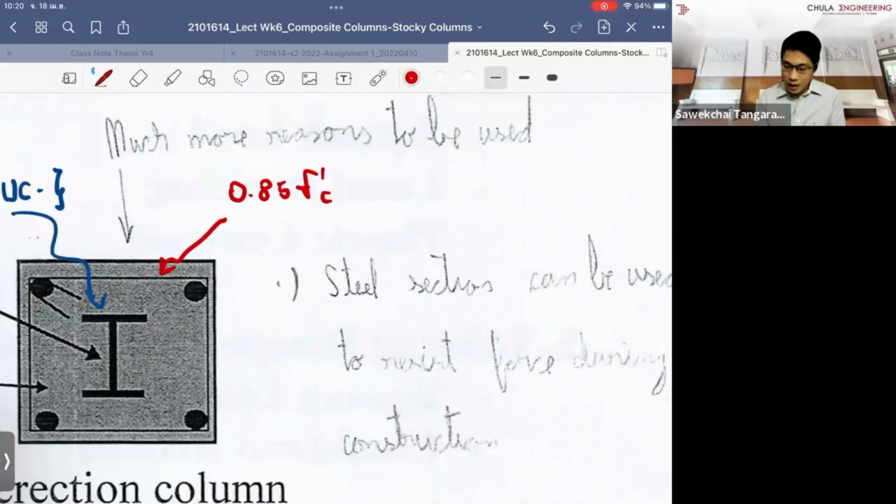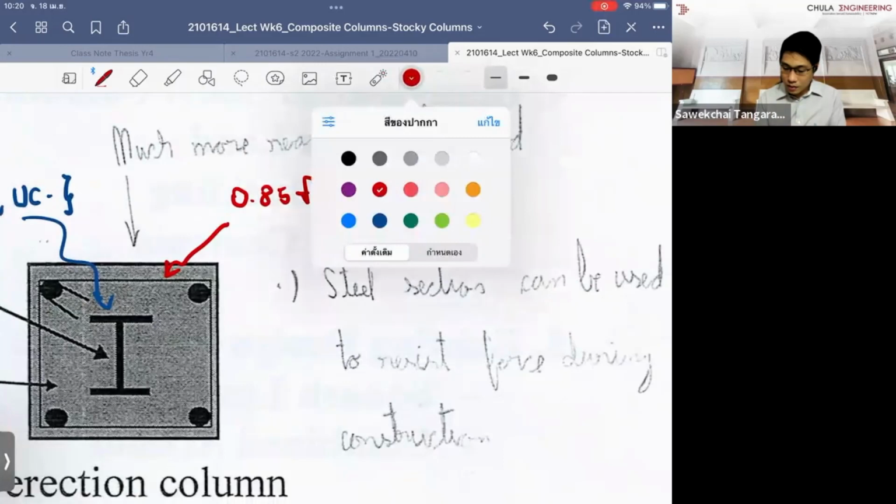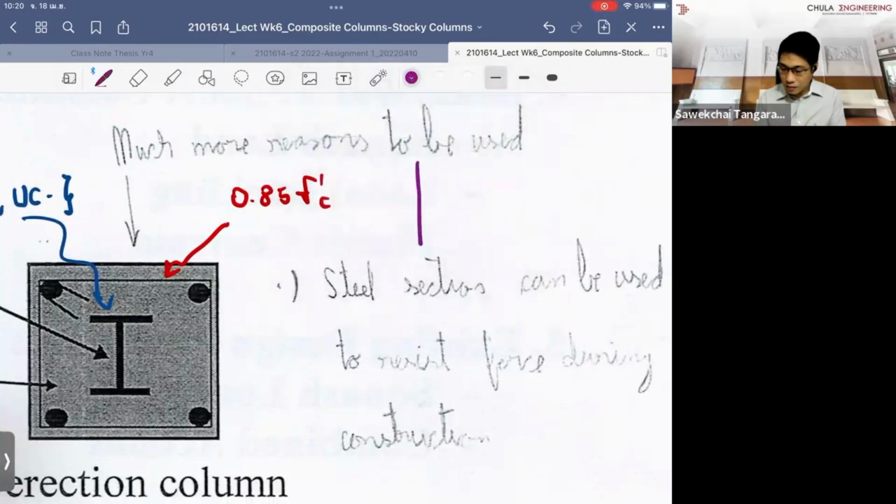Remember when we calculate the concrete strength under ultimate strength design, if we have the neutral axis here, we use a strain up to 0.003. So this is the concrete strength, right? This is the actual concrete stress.